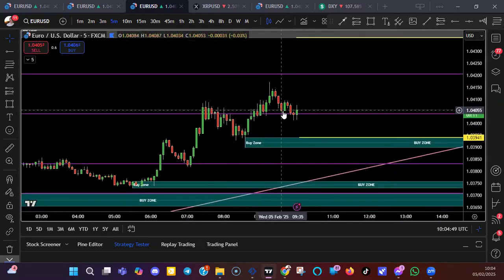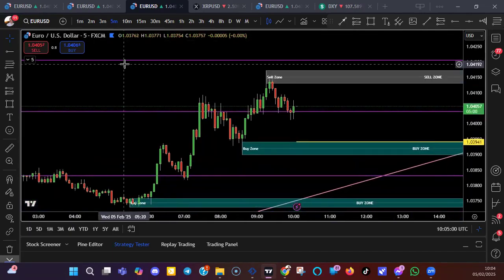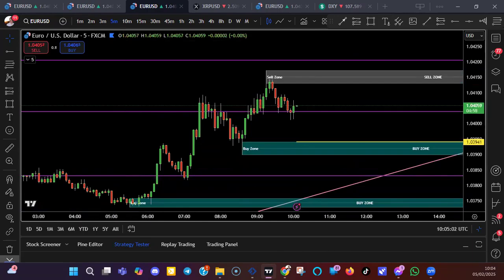Don't get me wrong, this might develop, if it goes along a bit more, into another buy zone. So you've got more of a good idea of a buy than anything else.